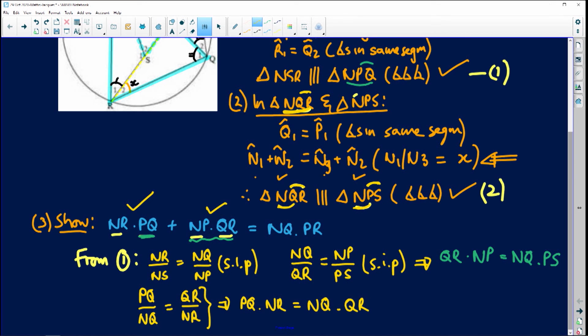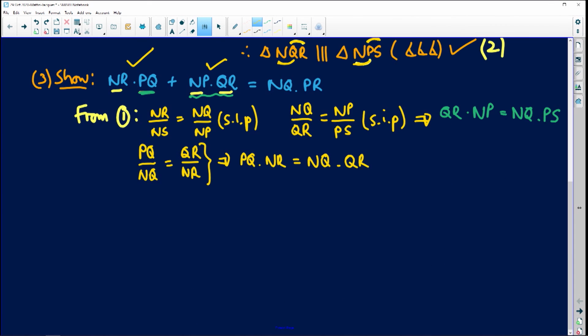Let's see, what do we get here? If I now take these two, I take this one, PQ times NR, and I add to it NP times QR. That's after all what they asked me to do. Okay, what do I get that to be?